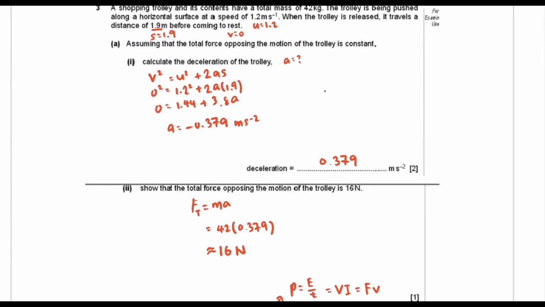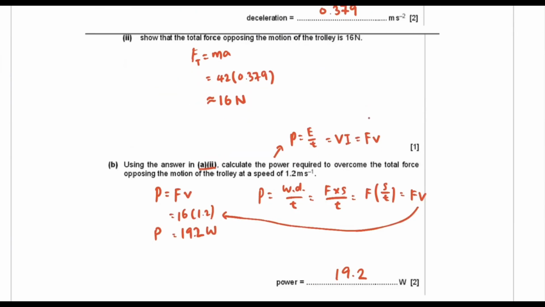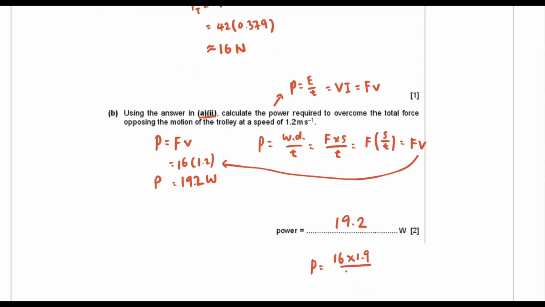That means you are doing something like v equal to u plus at to find the time? Yeah. Okay, so the time that I'm going to get here is 1.2 divided by 0.379, 3.17, then I put it here.